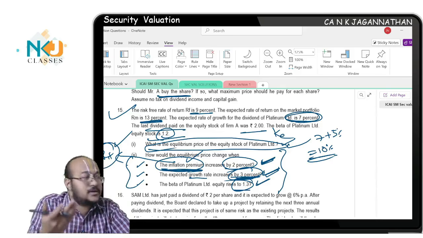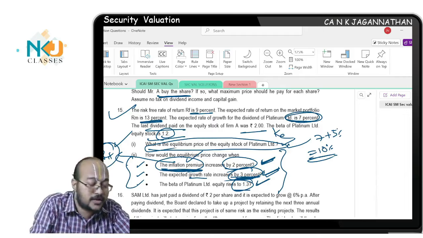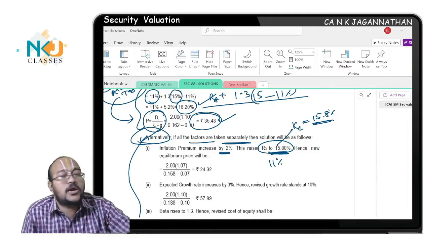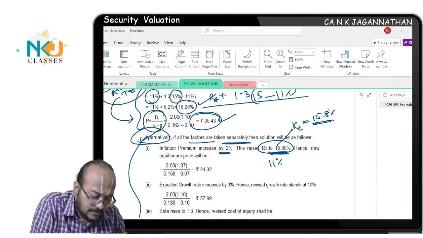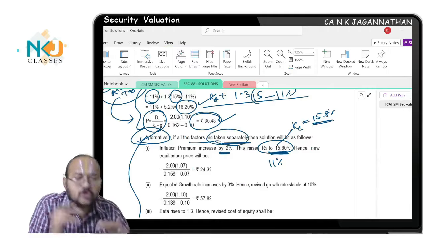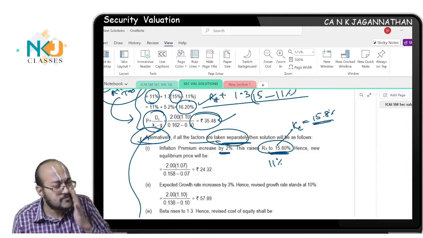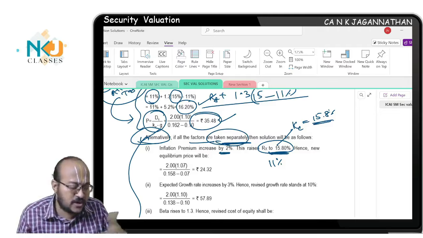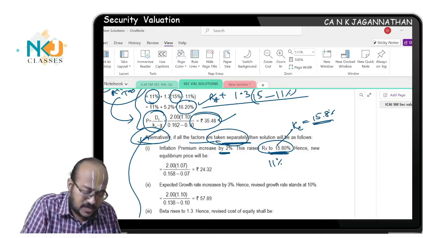Just change interest rate or RF increases by 2%, then you don't need to give these many alternatives. Only two alternatives you need to give: consider separately or cumulatively. Only two alternatives must be given, and no need for all these many alternatives, I feel, anyhow.